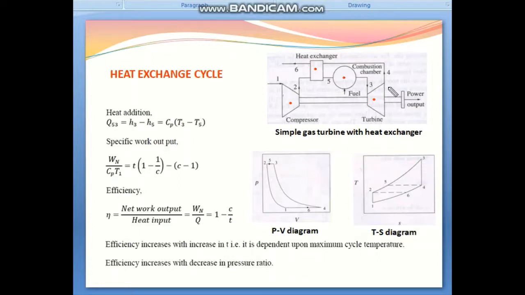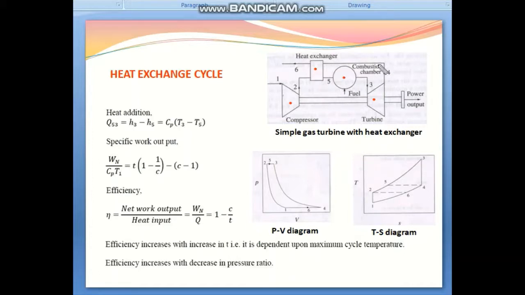Then after flowing through the turbine, the flue gas flows into the heat exchanger. Then it exchanges heat with the compressed air, as I told you earlier. The flue gas loses some heat, and the compressed air that comes from the compressor gains heat.